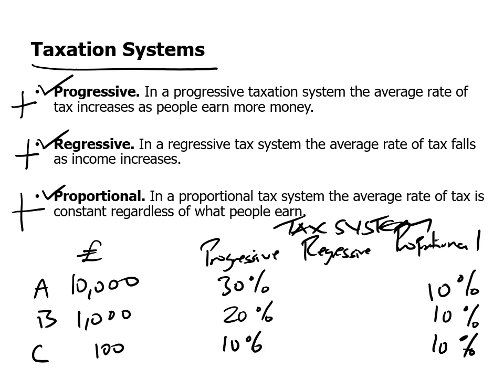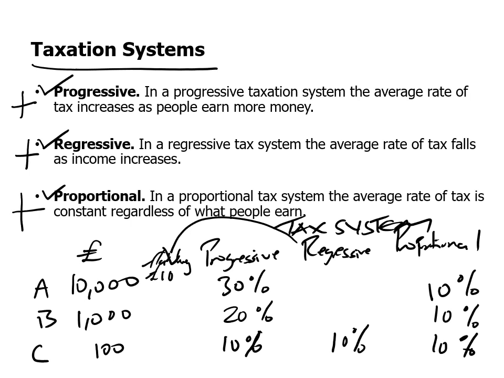In your regressive tax system, we'll see that individual A would pay the least amount of tax percentage, and individual C will pay the most. Why? Say, for instance, we decide to impose a flat levy of, say, £10 on each of them. What will happen is individual C will end up paying 10% of his income.